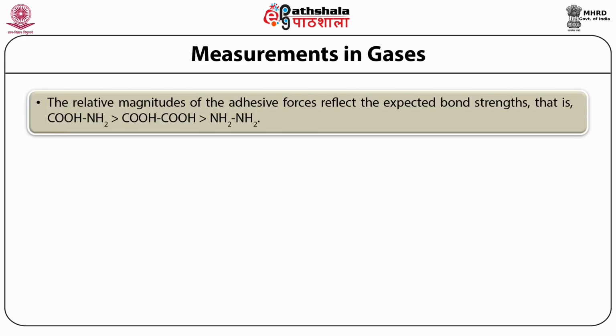The relative magnitudes of the adhesive forces, as was indicated in one of the earlier slides, reflect the expected bond strengths. That is, if you take one amino acid here, this will have greater than formic acid, oxalic acid force, and this in turn will be greater than hydrazine, NH2.